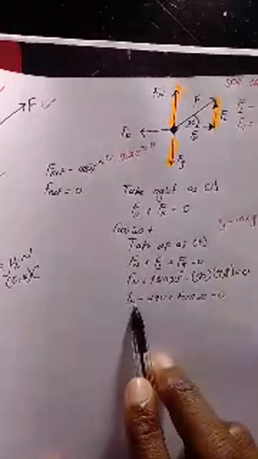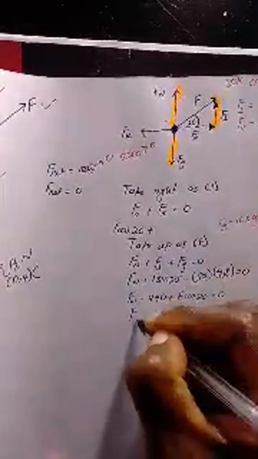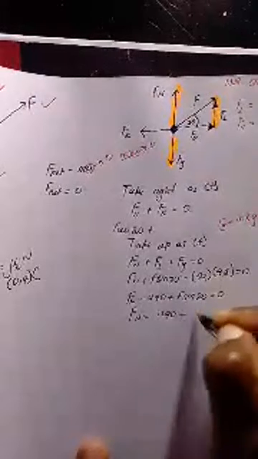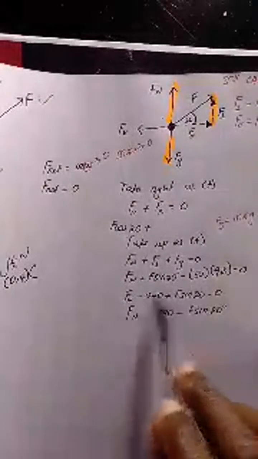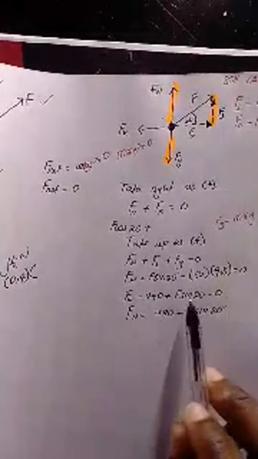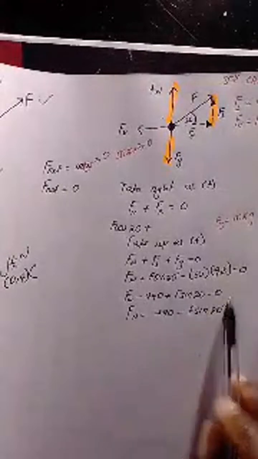But we are looking for Fn, so we need to transpose these two to the other side. So we have Fn equals 490 minus F sine 20. When 490 crosses the equals sign it becomes positive, and F sine 20 becomes negative.